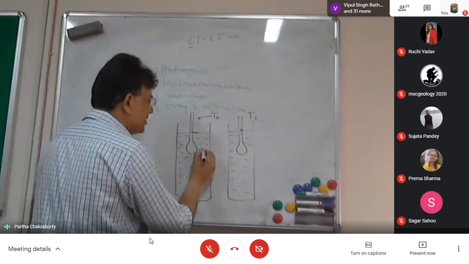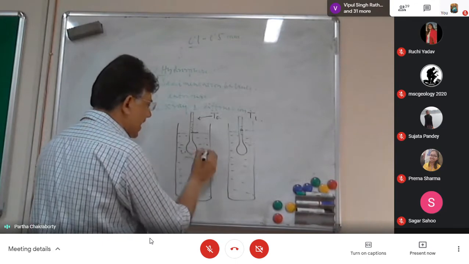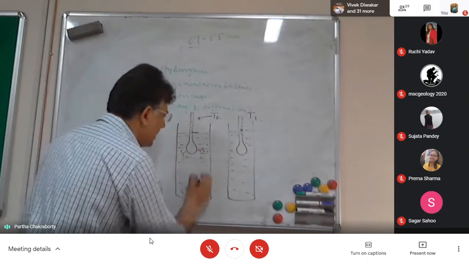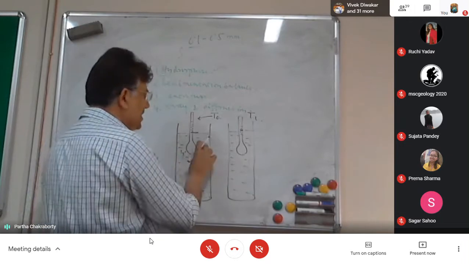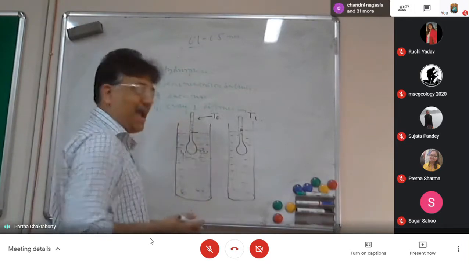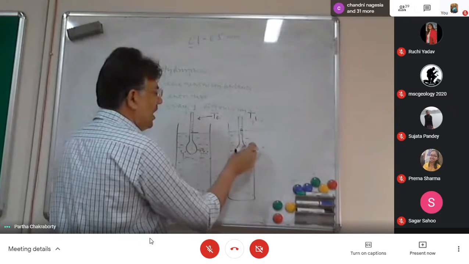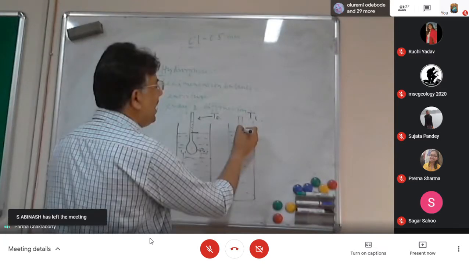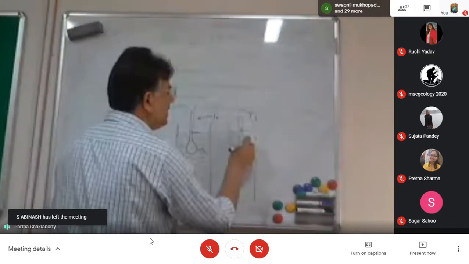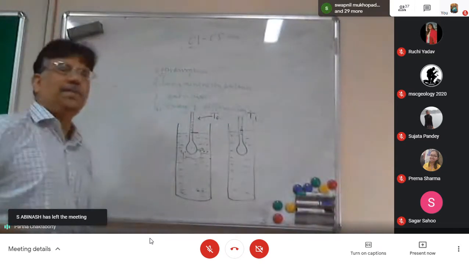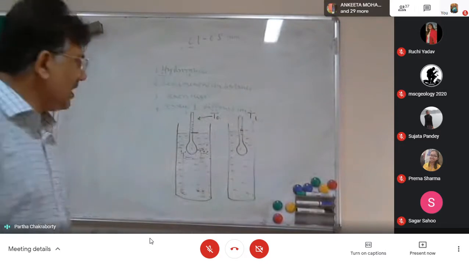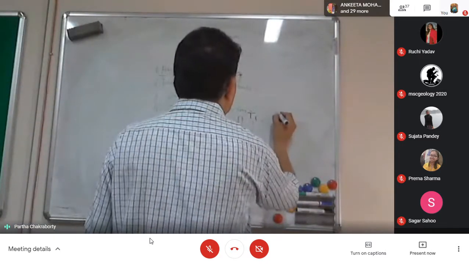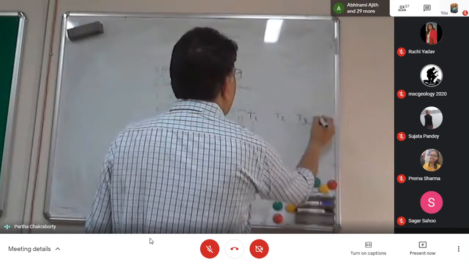The grains that were available at this level will have settled by that time, and the density at this level will decrease, and this will further sink. The density at this level has decreased, and it has further sunk into the fluid. Like that, you take the data at time t2, t3, t4.